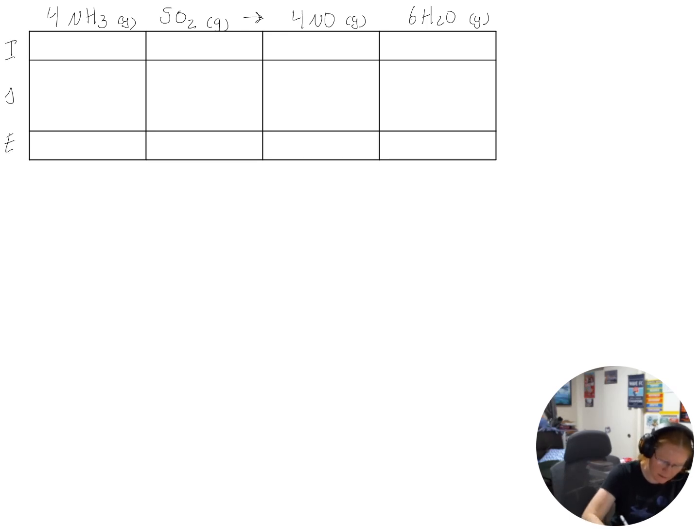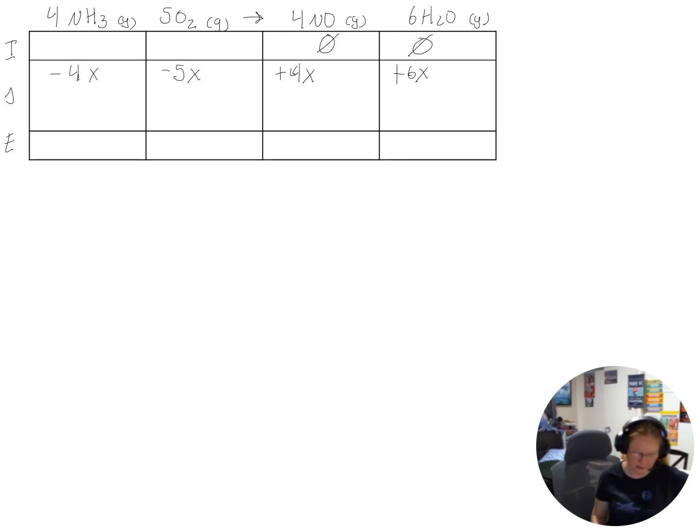All right, so at the very beginning, we'd have 0 minus 4x minus 5x plus 4x and plus 6x. Okay, so I'm not going to give you all the numbers, but I'll give you the end line.